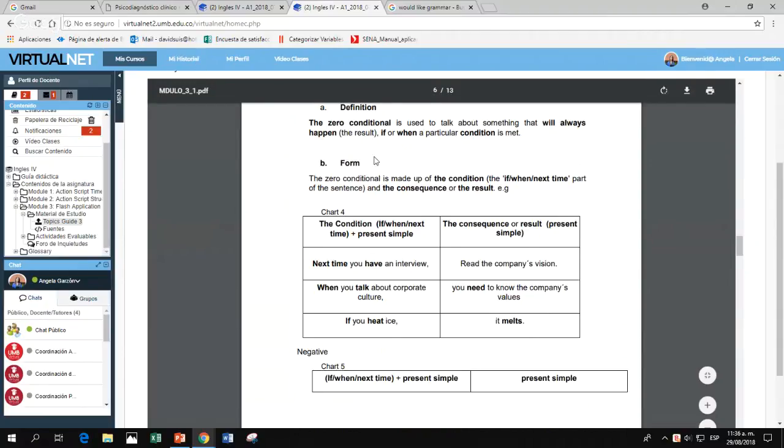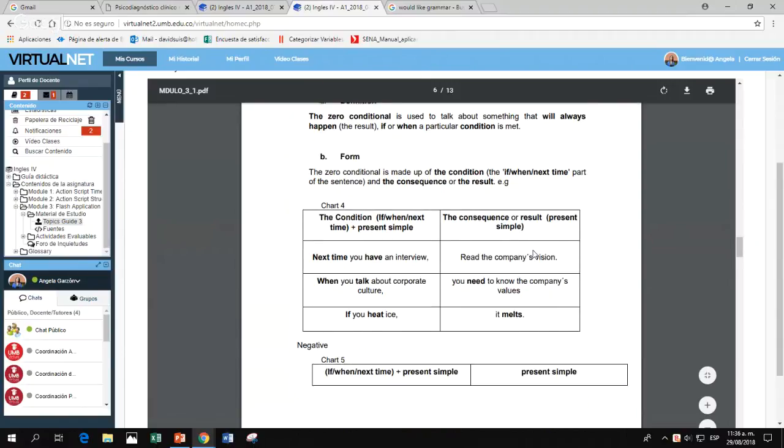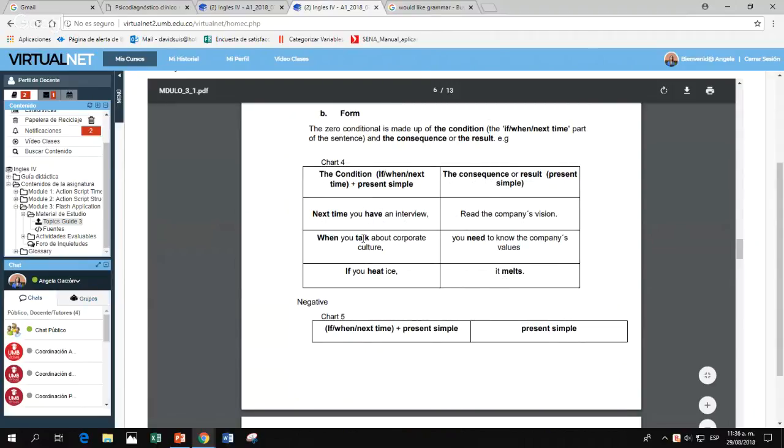So the third conditional is to talk about something that would always happen, like the result if or when a particular condition is met. So siempre recordemos que los condicionales tenemos la condición, que usualmente se coloca con el if, pero también podemos decir when or next time. The consequence or result, que es la consecuencia de dicha condición.